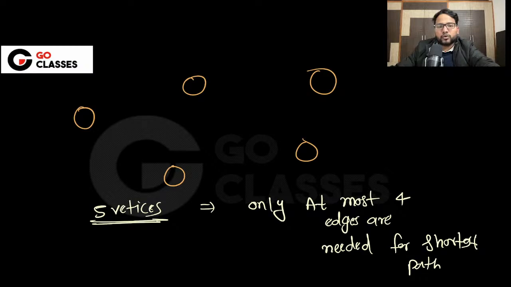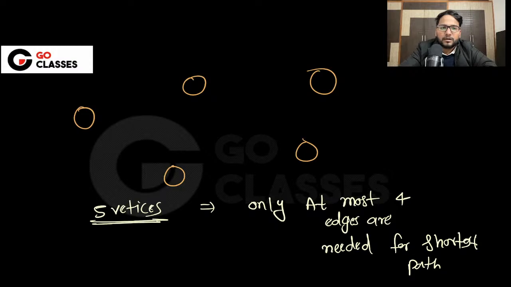Let me know if that is okay to everyone or not. At most 4 edges you will be needing, right? Let me know if there is any doubt till this point.